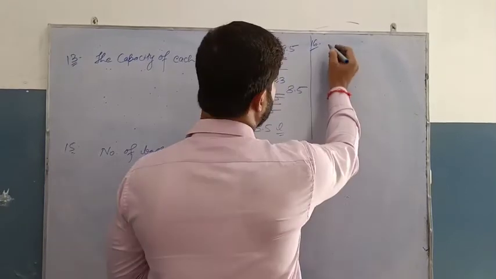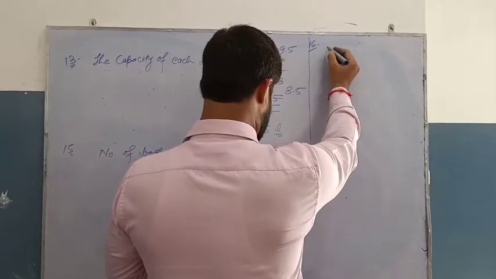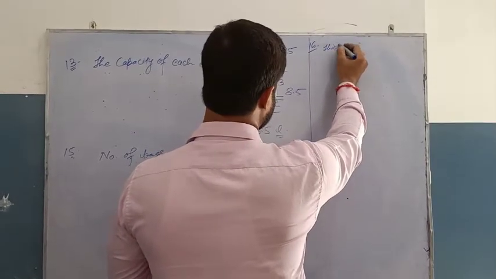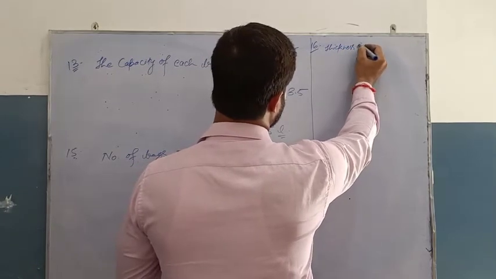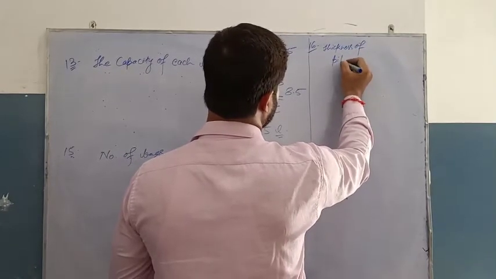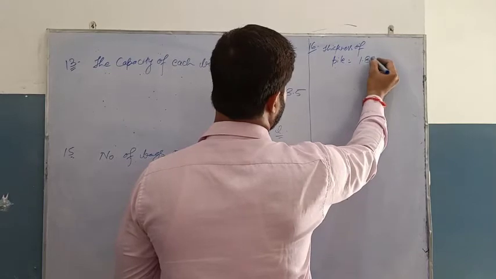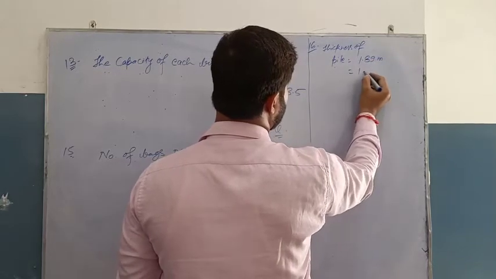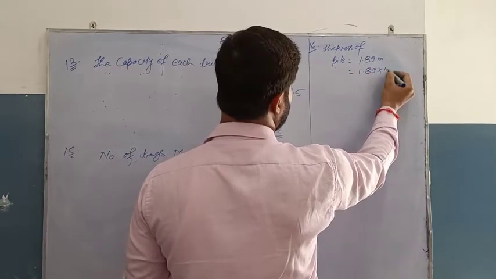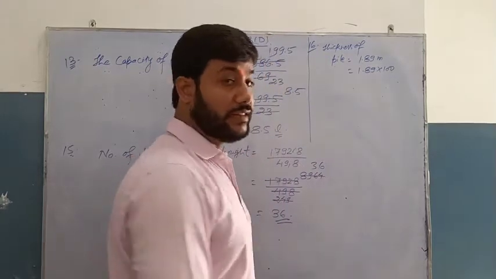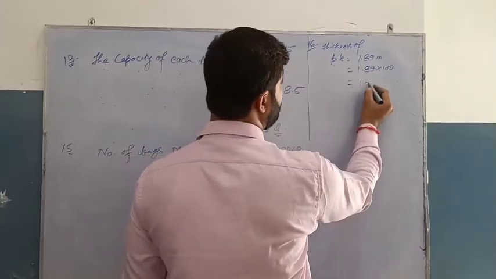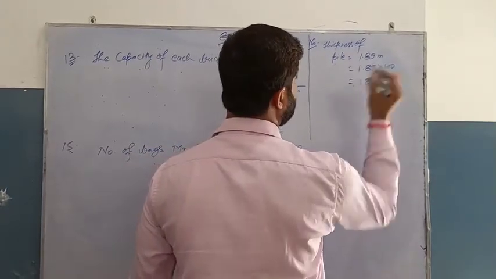So that is the thickness of the pile, that is 1.89 meter. Once we have to convert it, we will multiply it by 100 because 1 meter has 100 centimeter. So that will be 189 centimeter.